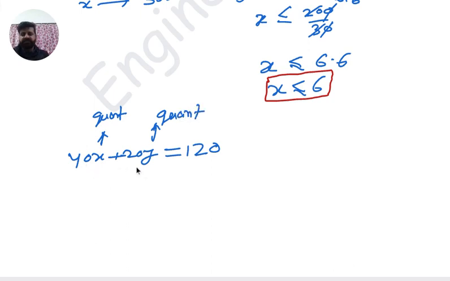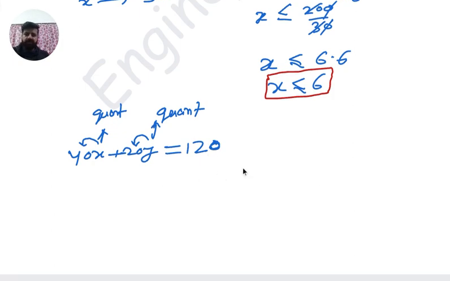So you have to purchase two quantities, and the number of the first quantity is x and the number of the second quantity is y. The unit price of the first quantity is 40, and of the second is 20. But you have only 120 rupees. So your total pay cannot exceed 120.